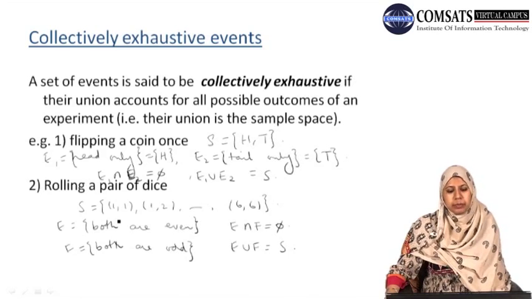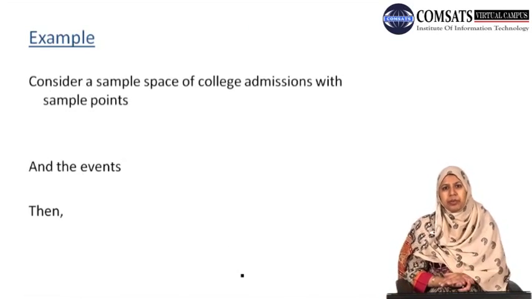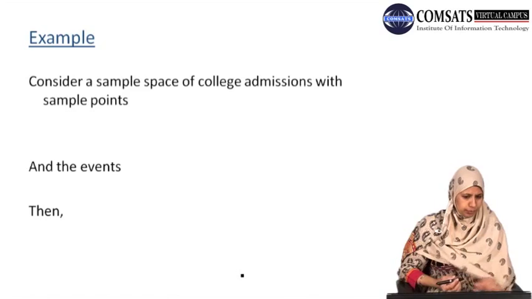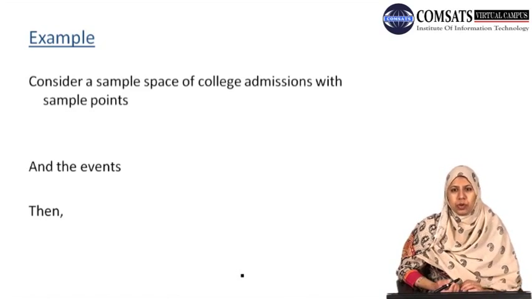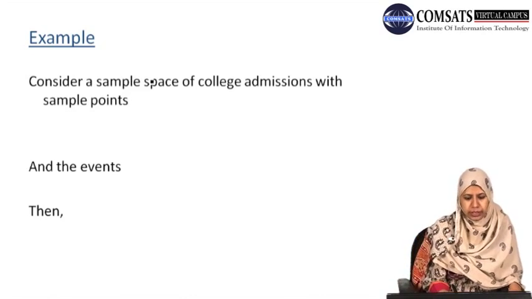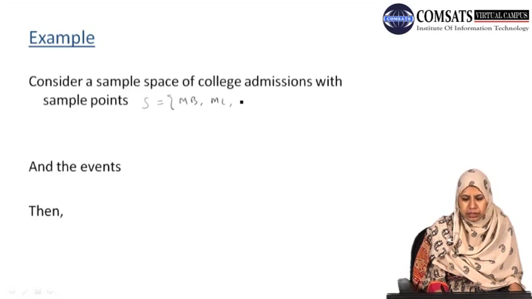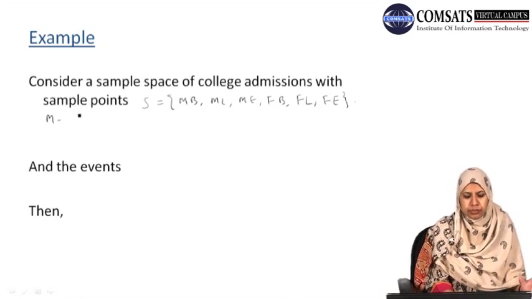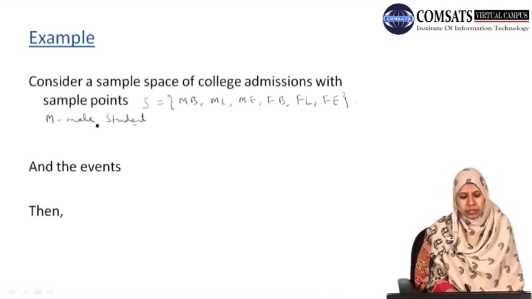We consider one more example in which it will be clear what type of events can be mutually exclusive and what type of events can be collectively exhaustive. Suppose we consider a sample space of college admissions with sample points MB, ML, ME, FB, FL and FE, where M represents the sex of the student, that is a male student taking admission in the college, and F represents the female student.